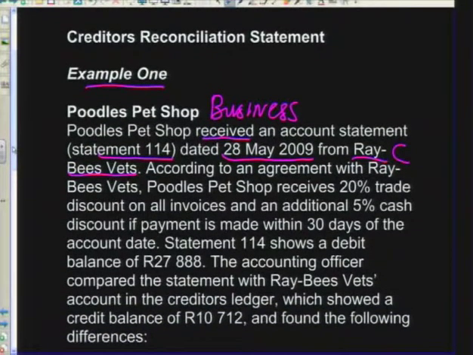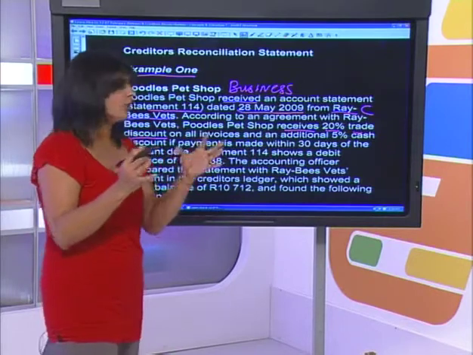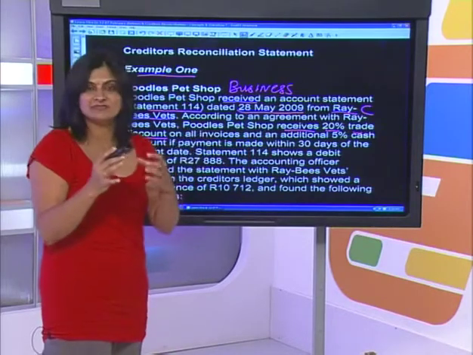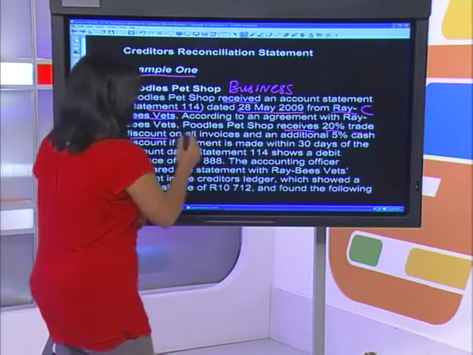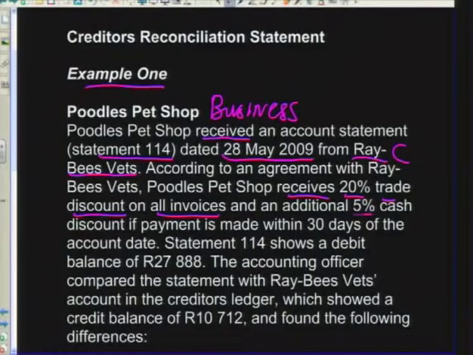According to an agreement with Ray B's Vets, Poodle's Pet Shop receives a 20% trade discount. In other words, remember, guys, this is normal business practice. If, for example, you want to improve your sales, you often offer incentives like a trade discount on all invoices, and an additional 5% cash discount.